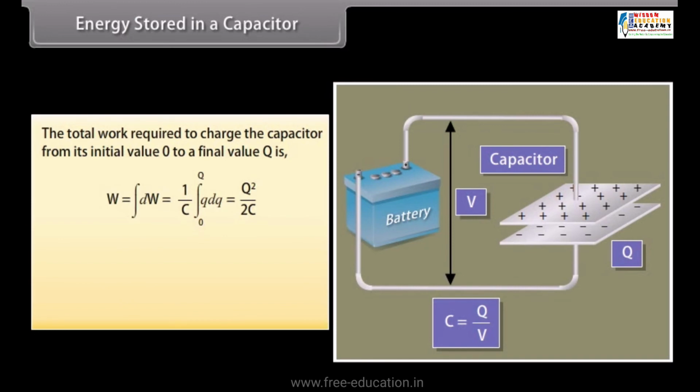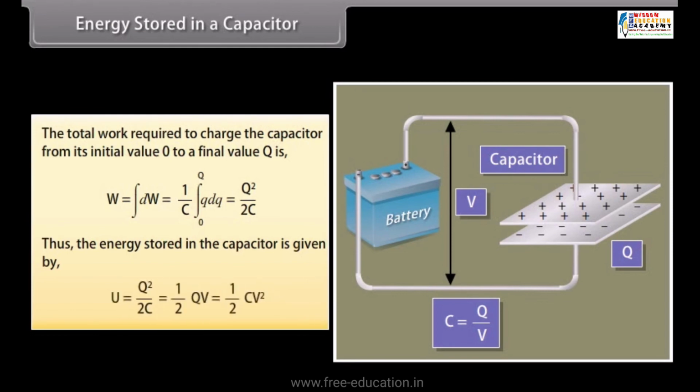Put the values of dW in the equation. We get W is equal to 1 upon C integration from 0 to Q of Q dQ, which equals Q square upon 2C. Thus, the energy stored in the capacitor is given by U is equal to 1 by 2 CV square.